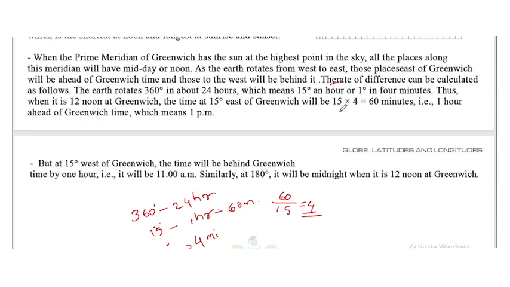15 into 4. Okay, so look at this. This is prime meridian 0 degree, and this is east, and this is west.